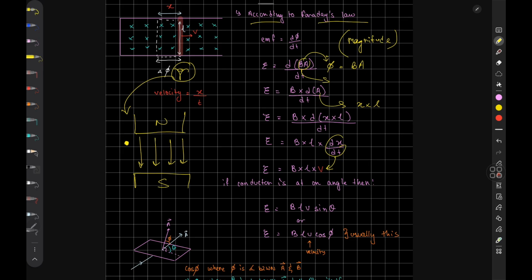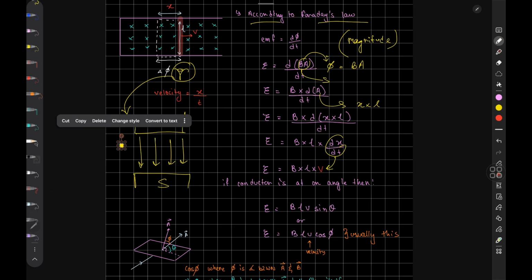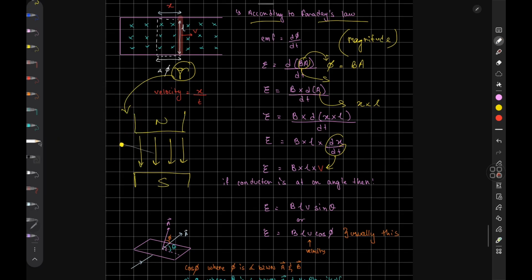So the reason I'm showing this side view is I want to show you what I mean by cutting the magnetic field at an angle. So the magnetic field right now is going like this. Okay, I mean the conductor right now is going like this, perpendicular to the magnetic field. What happens if the conductor is going at a theta like this? Then you know what happens? So let's say I denote the motion of the wire like this, then it is cutting all of these magnetic fields at an angle.